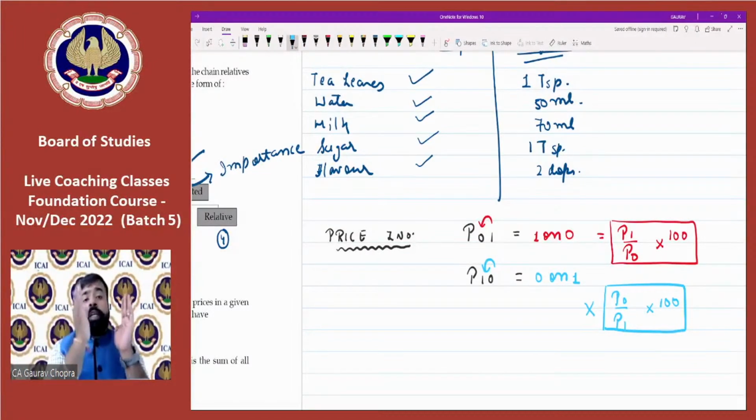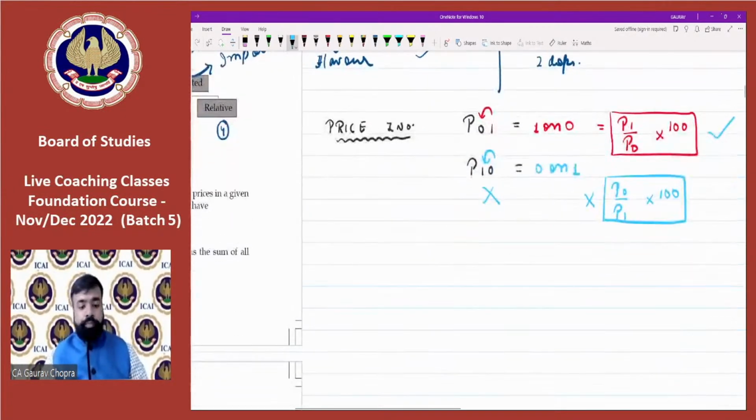We always compare today with yesterday and not with future. So that is why P1 upon P0 is used for the calculation of price index number, and P10 is not used. Okay. So price index number is denoted by P01.